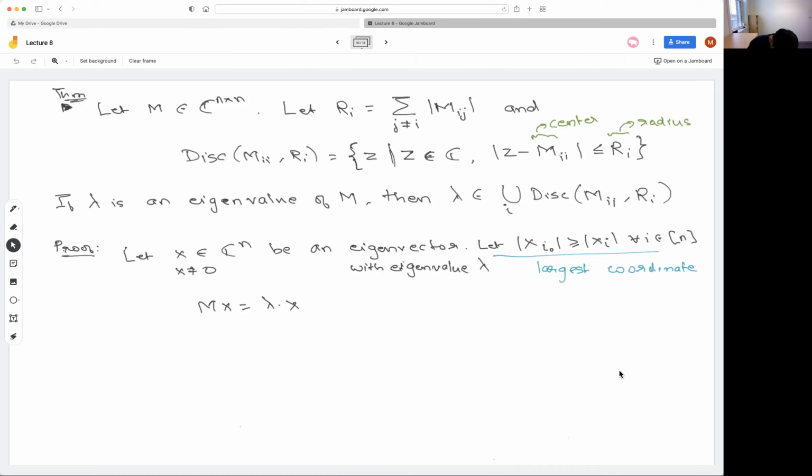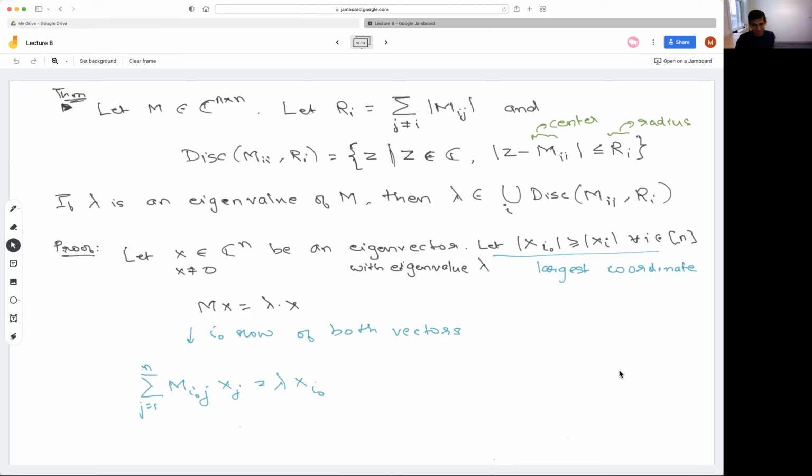So in particular, if you look at the i0 row of both of these vectors, then on the left you have the row expression, and on the right you have lambda times x_i0.